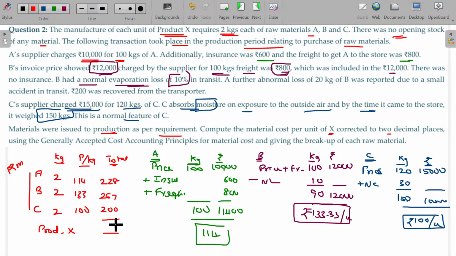What is the total cost? 695. Hope you will now be able to understand the finished goods value also.